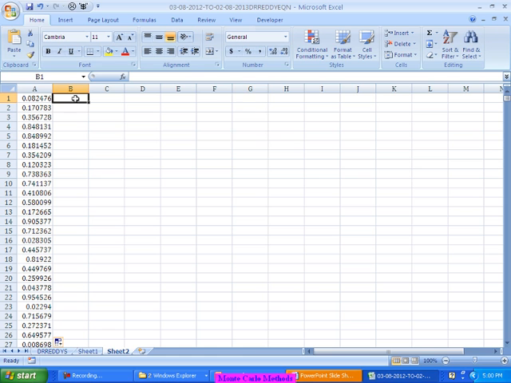Now once I have them, I can predict the price path. What are the possible prices now?